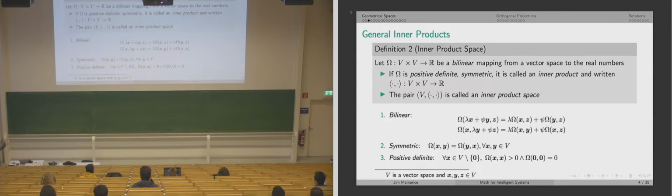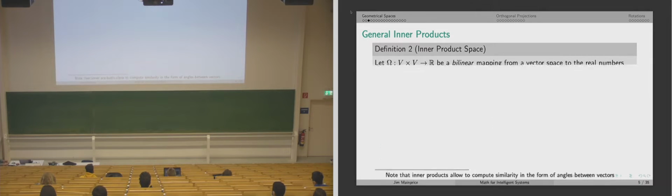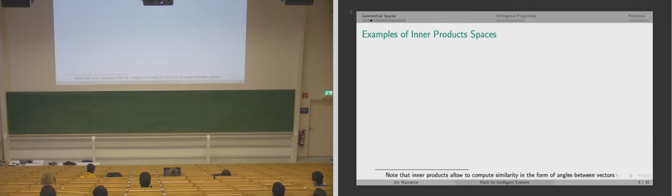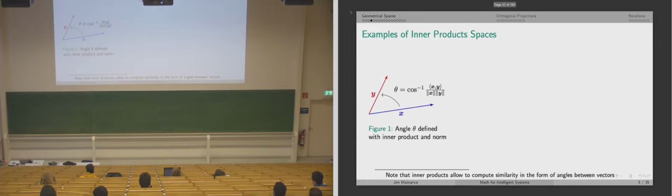So these coordinate-free definitions, we will see that the inner product in coordinates ends up involving a matrix representation, and these properties will lead to properties on the matrix that represents that inner product. So we're going to see that. But first, let's see some examples of inner product spaces.